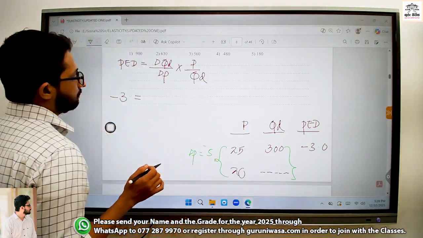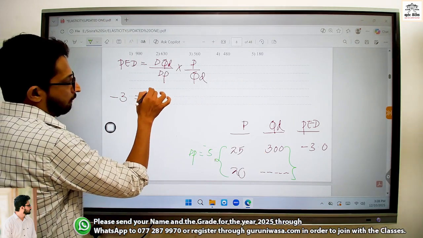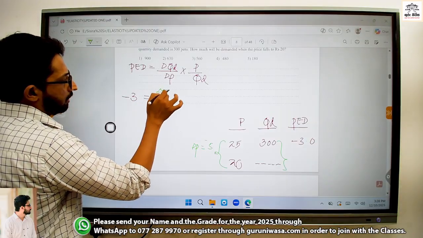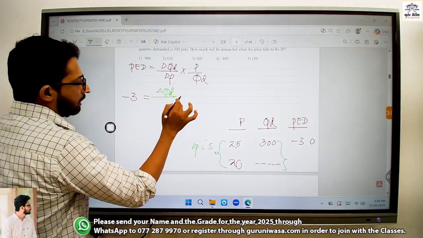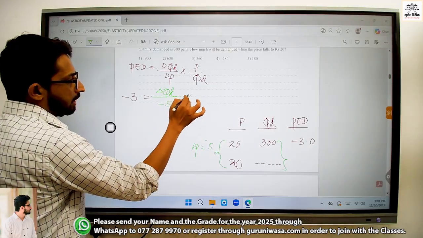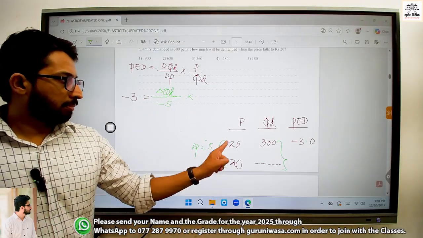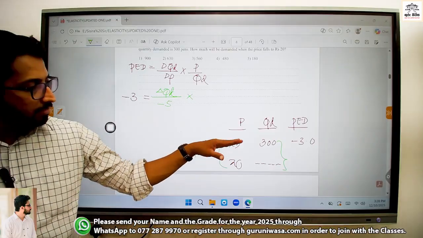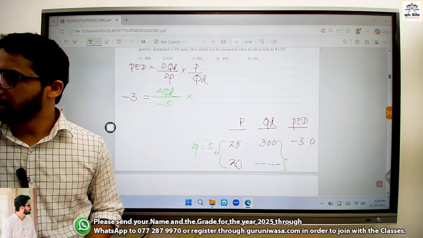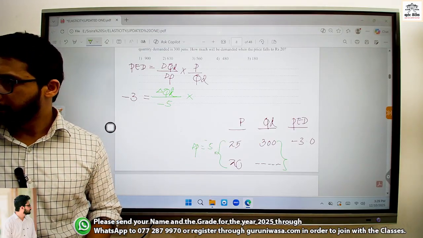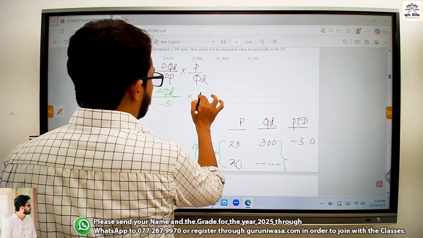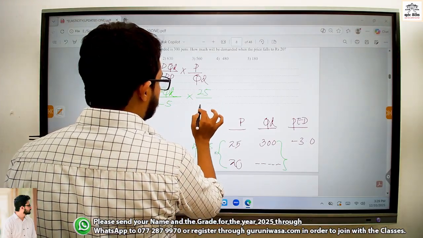Now you can substitute values: delta QD divided by delta P, -5, into the price and quantity demanded at this given point. So you can substitute price 25 and quantity demanded 300 units.